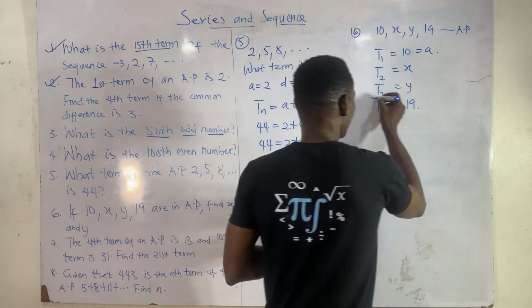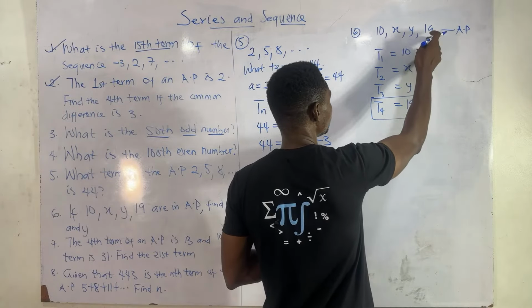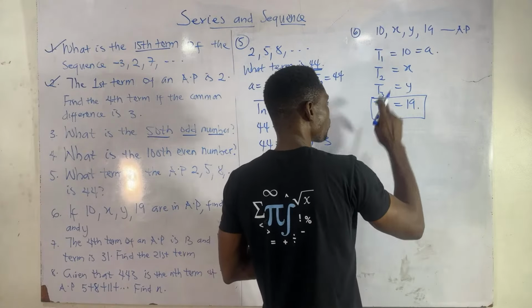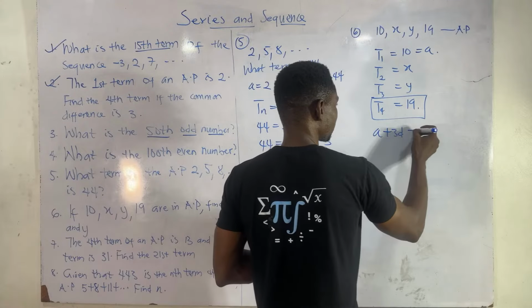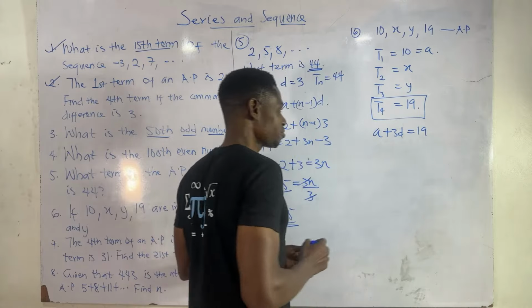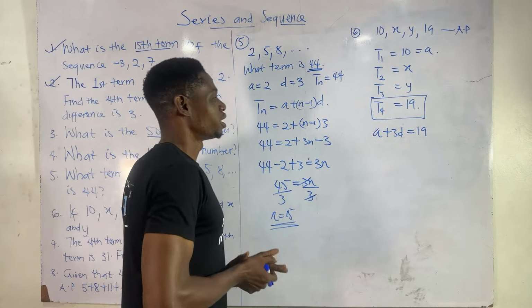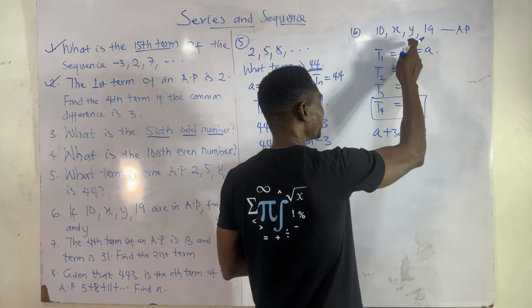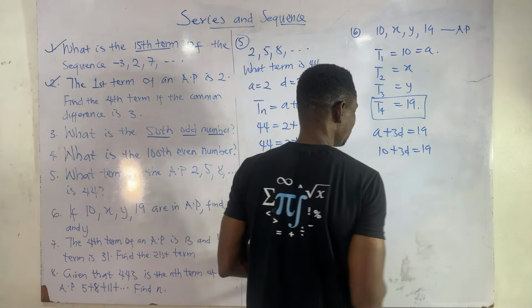Now, the terms given to us are T1, T2, T4. So T4 is 19, right? Remember that T4 is A plus 3D. We've learned that already. So now we have A already from here. So 10 plus 3D equal to 19.